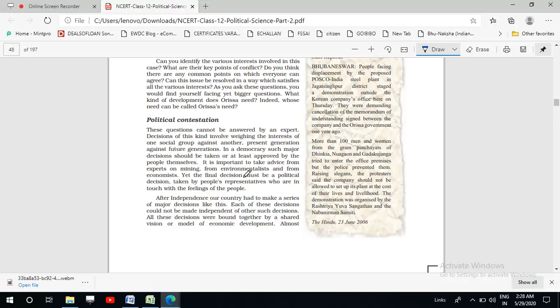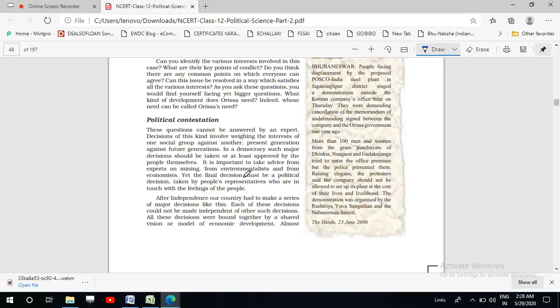A decision can never be taken by the government which can satisfy all the groups in an equal manner. That is practically impossible. Whatever decision is being taken by the government, there will be disagreement. There will be dissatisfaction by a particular group, one group, two groups. There will be resentment. There will be protest by the people.